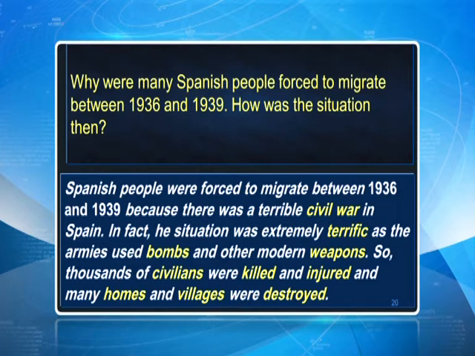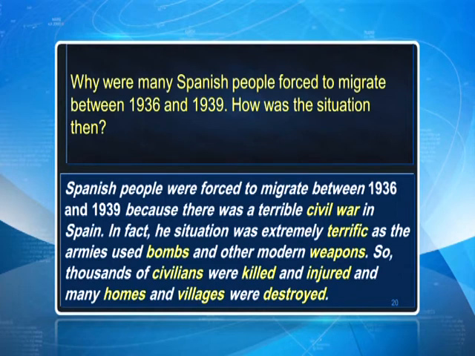Spanish people were forced to migrate between 1936 and 1939 because there was a terrible civil war in Spain. In fact, the situation was extremely terrific as the armies used bombs and other modern weapons. So, thousands of civilians were killed and injured, and many homes and villages were destroyed.